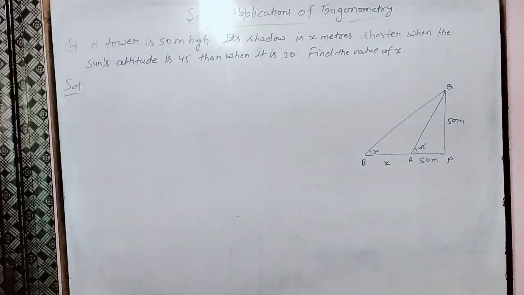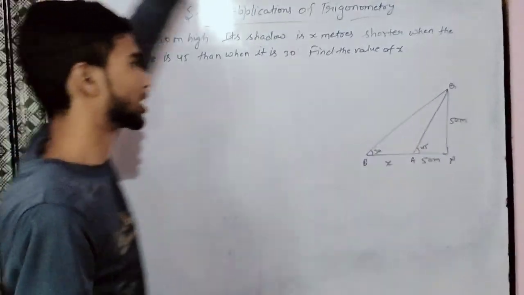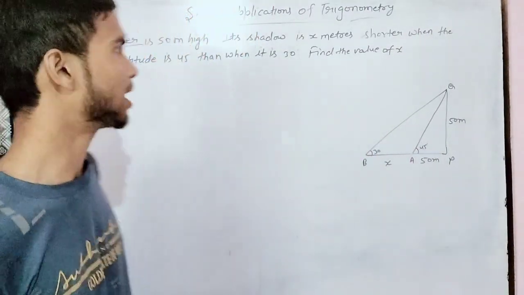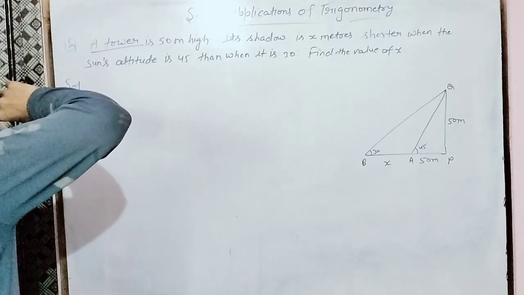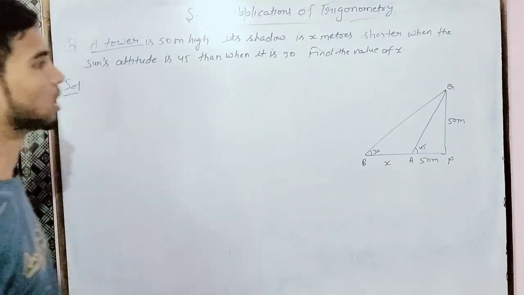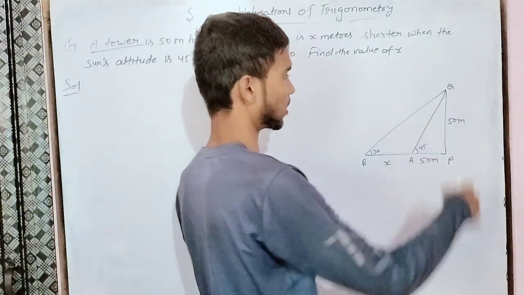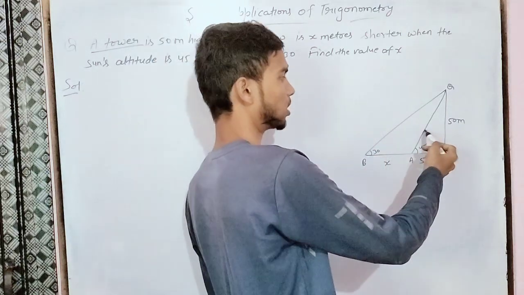A tower looks in a straight line. So a tower is 50 meters in height. From this figure you can see this is the tower. This will not be the tower, this will not be the tower.